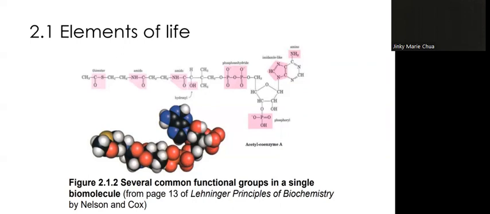This is acetyl coenzyme A, which shows a lot of functional groups in a single biomolecule. So you have here a thioester, amido, amide, hydroxyl, phosphoanhydride, imidazole, amino, and phosphoryl. This is achieved by carbon-to-carbon bonding because of the tetrahedral configuration of electron pairs around a singly bonded carbon.